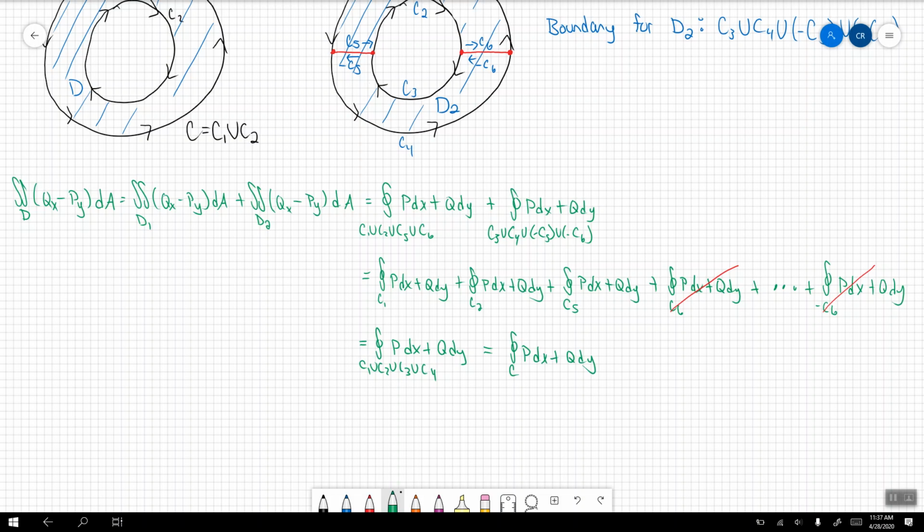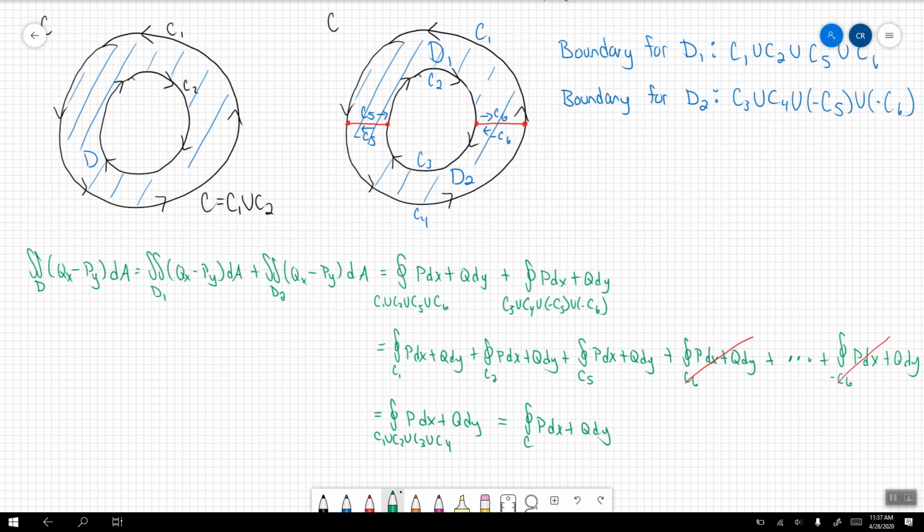Now, I want you to think about that. As long as we're just looking at the region right in here, there's no need to go through and cut to find out what this initial curve right inside is doing.